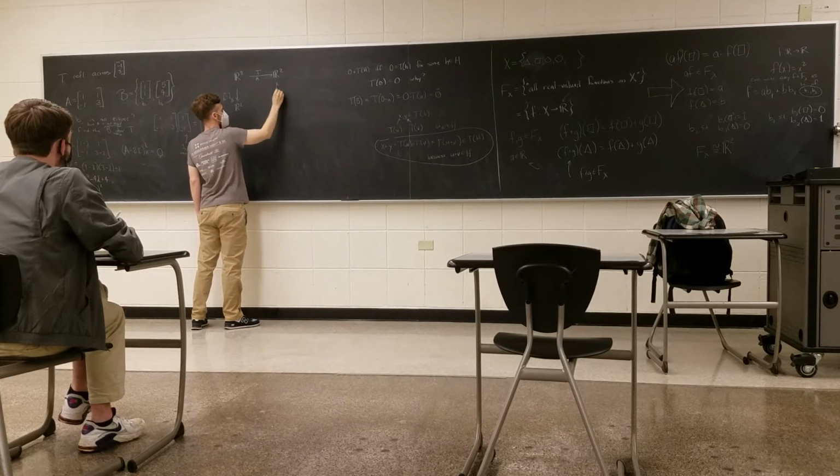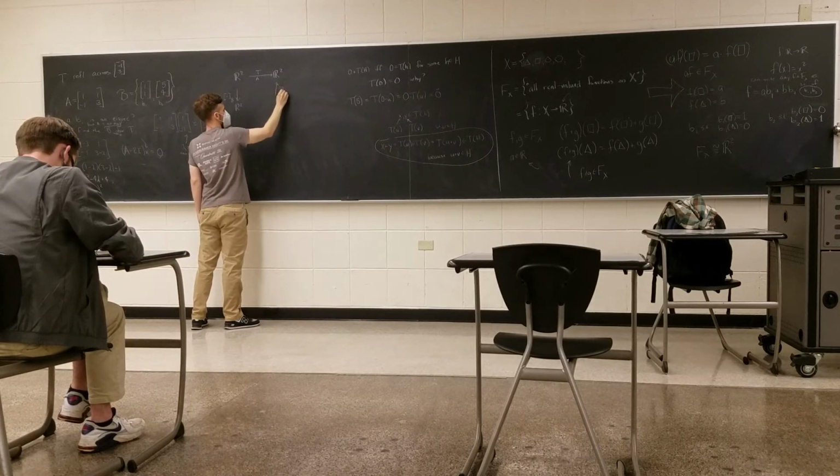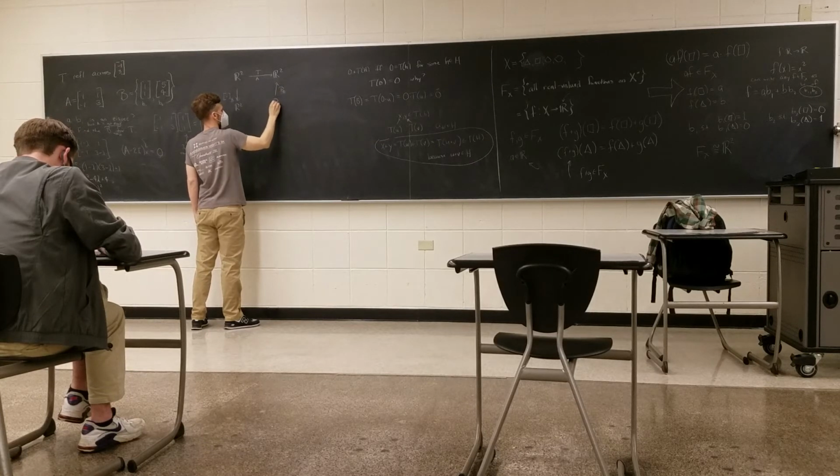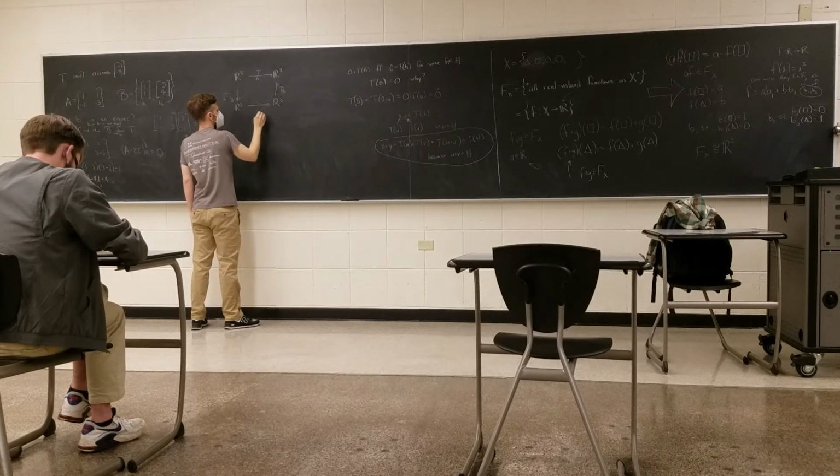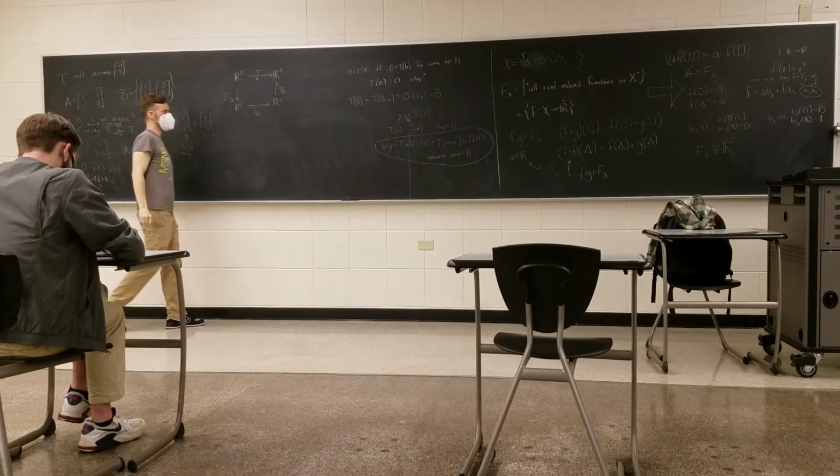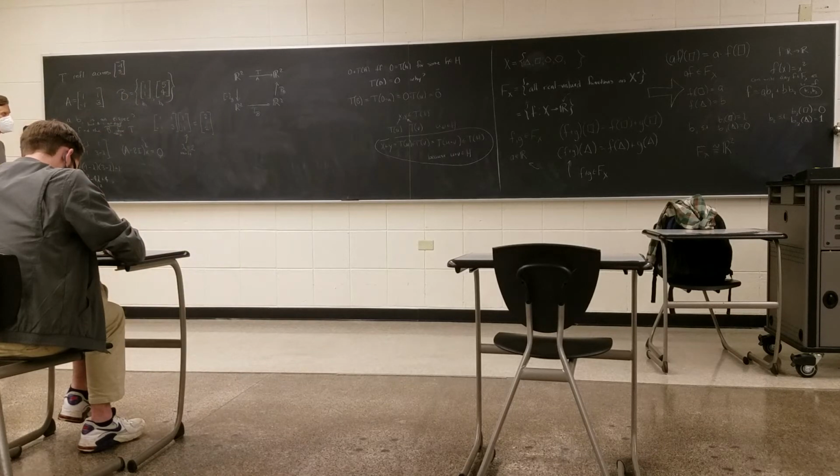Instead of going this way, I'm going to go this way. So this is multiplication by P_B. And this right here, I think we should call this T sub B maybe. It's the B matrix for T.